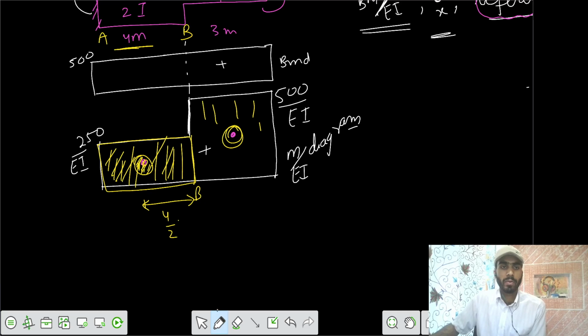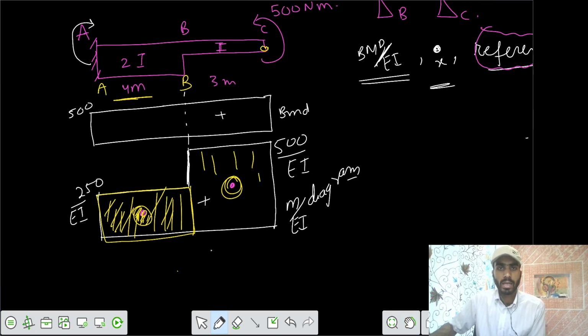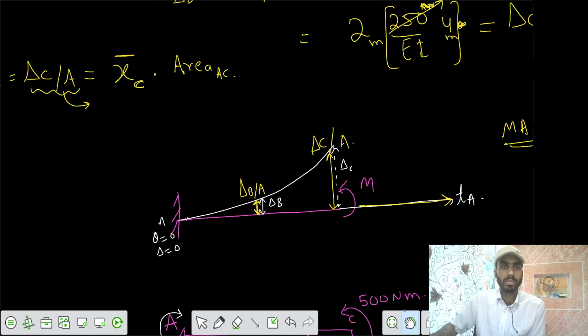So we have 250 into, now we need the centroid about the point C, because we are finding the deflection about point C. So we need the centroidal distance about point C. This is 3 meter plus 2 meter, that's 5 meter, and this one is 1.5 meter. So we write 250 by EI into 4 meter, acting at 3 plus 4 by 2, that's 5.